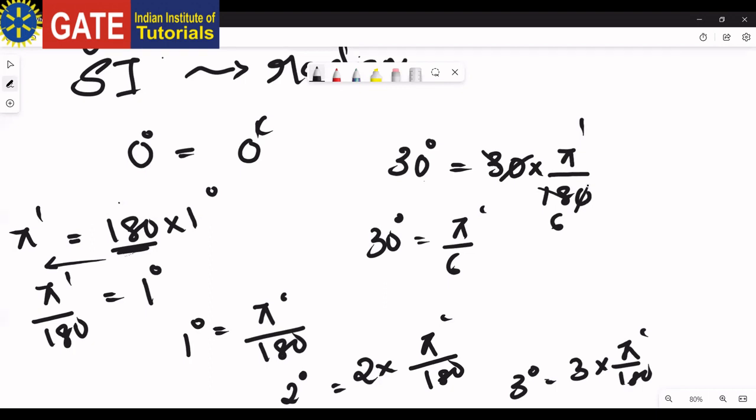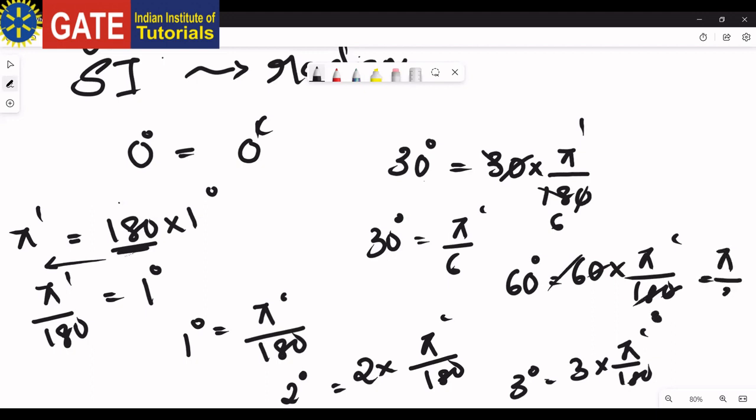Now, if I have to convert 60 degree into radians, what should I do? It should be 60 into pi by 180 radians, right? 0 cancels and it becomes 3. So 60 degree will be equal to nothing but pi by 3 radians. Got it? So if you have to convert 45 degree, what will happen?